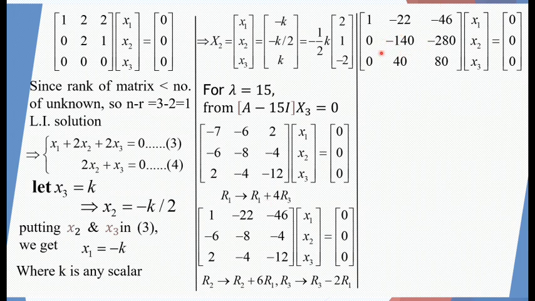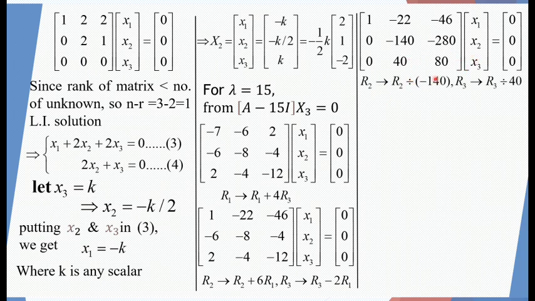So this will be minus 140, minus 4 and minus 46 into 6, that is minus 276. So this will be minus 280 and 2 minus 2 is 0, minus 4 and plus 44 is plus 40, minus 12 and this will be 80.